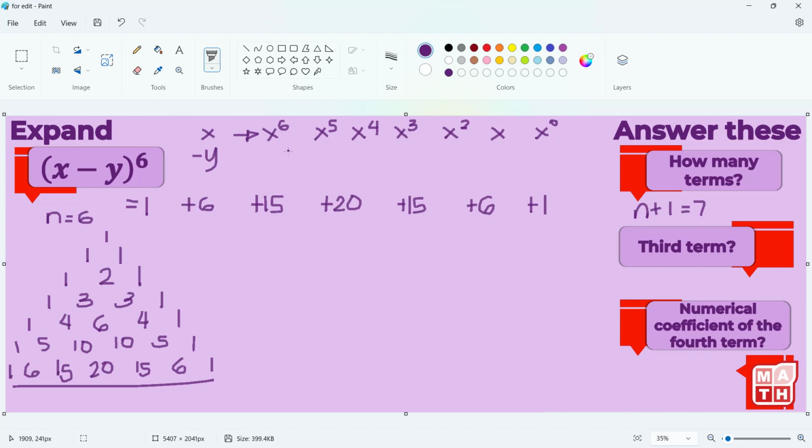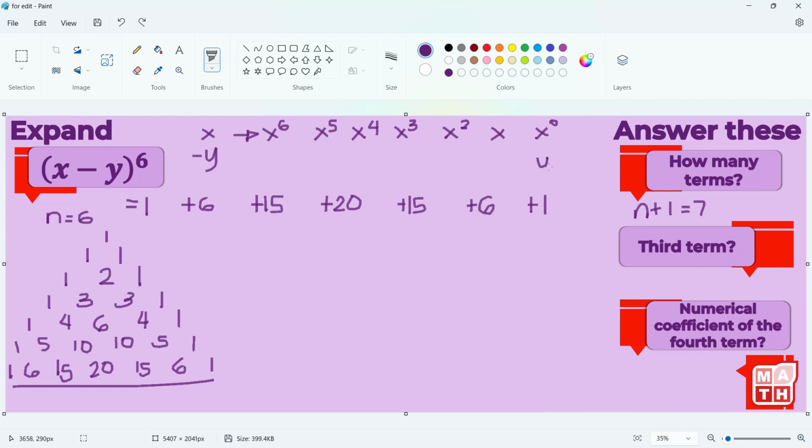These are now the powers of your first term, x. Don't forget that our numerical coefficient here is just 1. So if we're going to place here 1, we will not have any difference with the result. But if it has another numerical coefficient, you're going to enclose this in your parentheses. We will have other examples for that later. Now, as for y, we are going to consider y starting here.